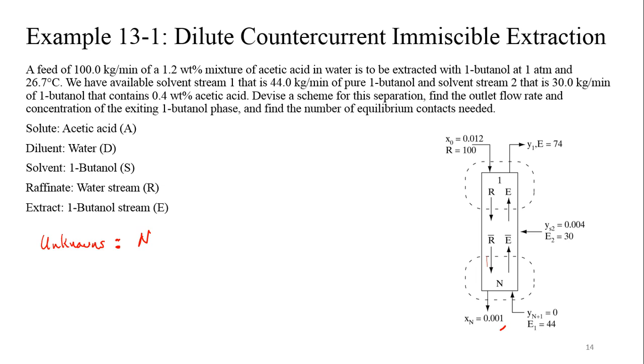And we want to find outlet flow rates and concentration of the exiting 1-butanol phase. Okay, so the 1-butanol phase that's exiting would be the extract stream that's exiting, right?